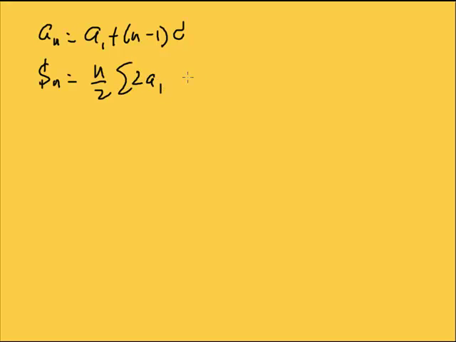Arithmetic sequence: a sub n is going to be a sub 1 plus n minus 1 times the difference. Arithmetic series: S sub n is equal to n over 2, all that times 2 times a sub 1 plus n minus 1 times the difference. Or n over 2, all that times a sub 1 plus a sub n.